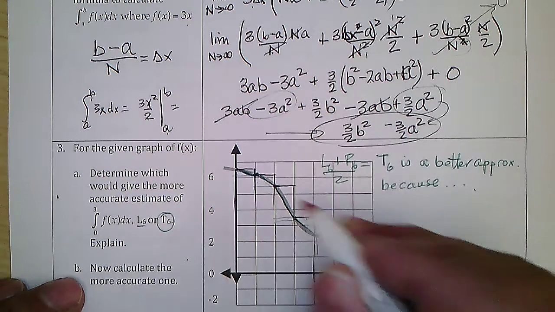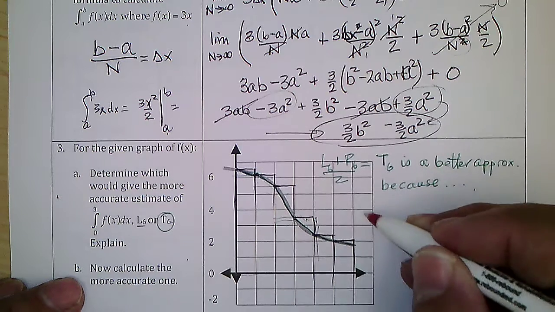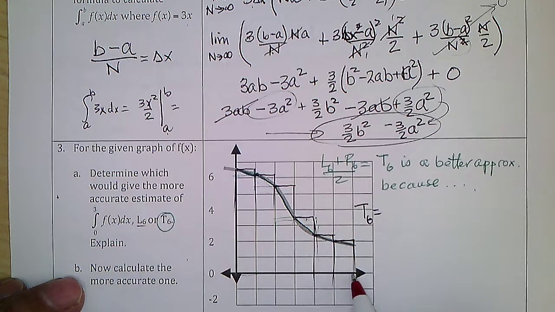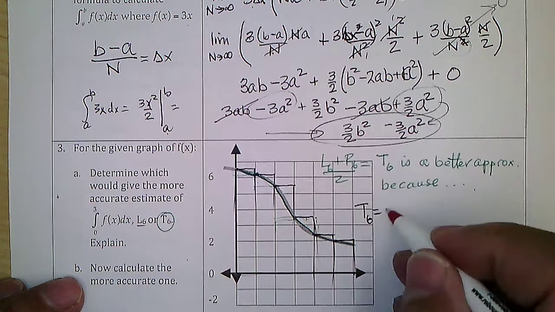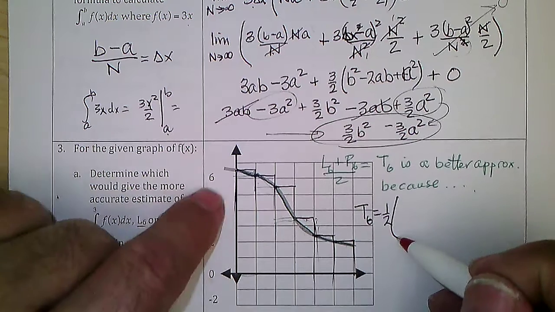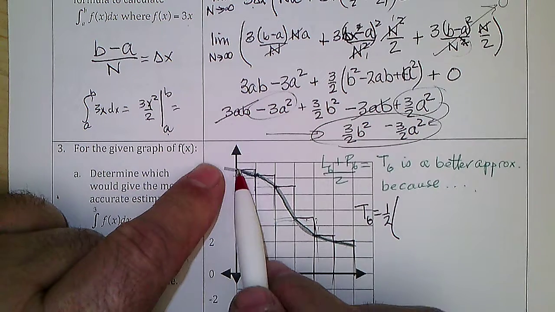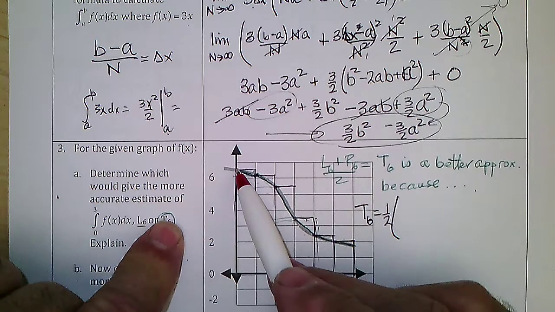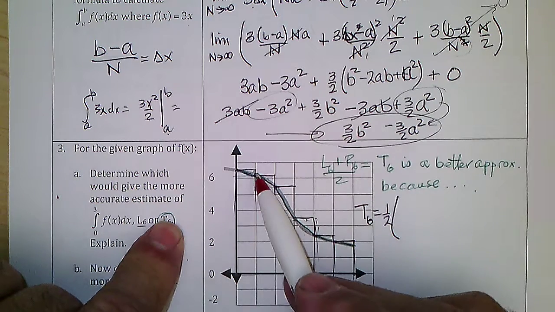Now, to calculate the T, you can do T6 equals, and 0 to 3 divided by 6 is 1/2, which is the width. And you average the height at the left and right, so that's 6.5 and 6.2.